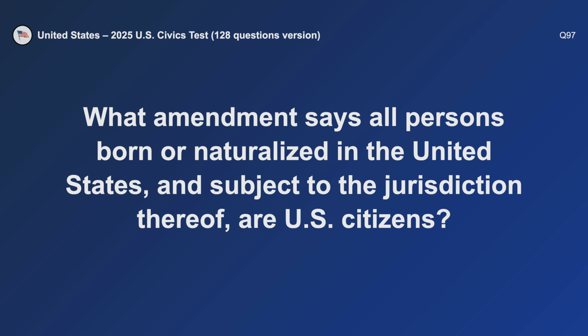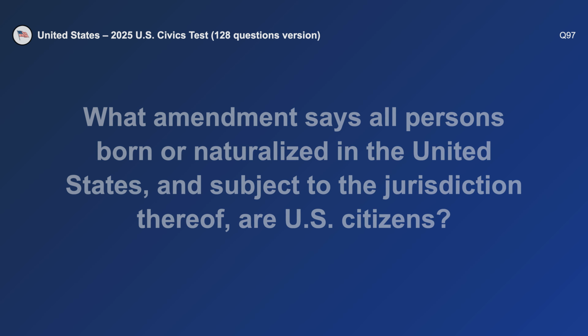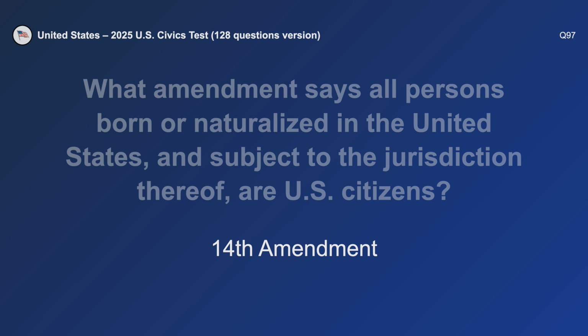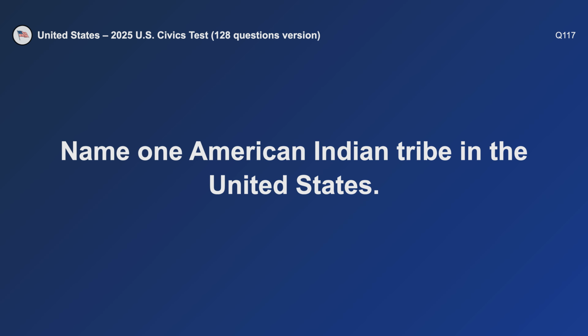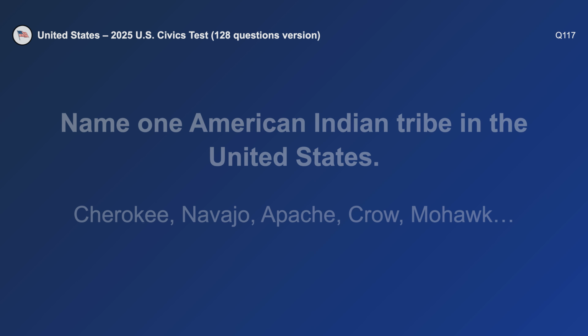What amendment says all persons born or naturalized in the United States and subject to the jurisdiction thereof are U.S. citizens? 14th Amendment. Name one American Indian tribe in the United States. Cherokee.